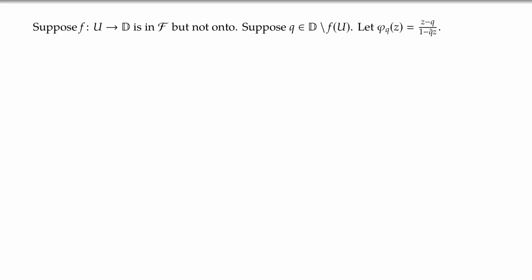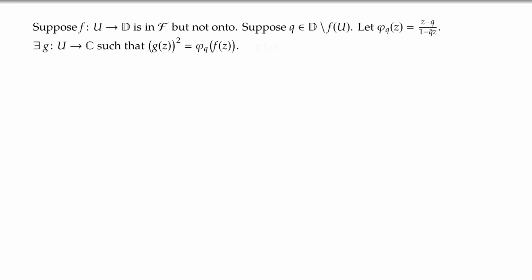And let phi sub q be the standard automorphism of the disk that takes q to 0, right? Now, just like before, there exists a g, again a different g than before, which is a square root of phi sub q composed with f, right? Because f never went to q, and that was the only thing that could go to 0 after hitting it by phi, right?